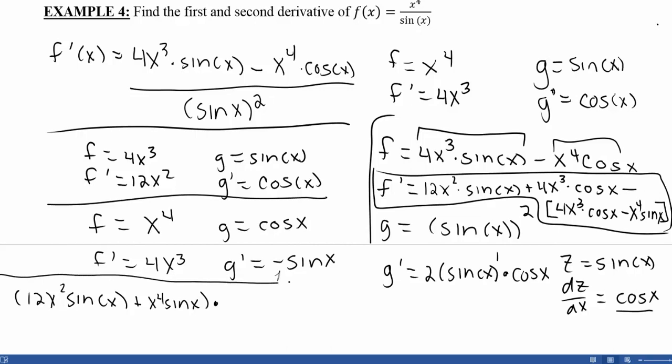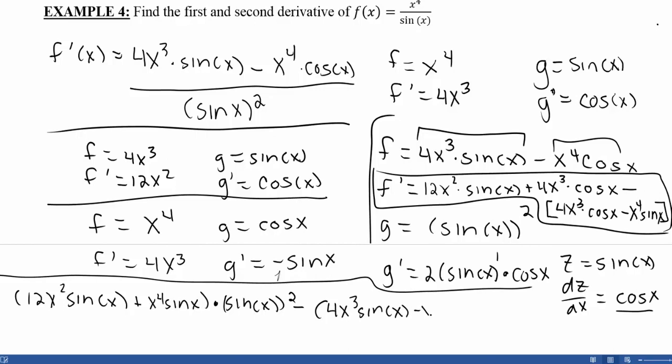times, let me draw a line here, times g, which is sine x squared, minus, now I have to do f times g prime. So I'm going to use parentheses again because there's a whole bunch of terms. So 4x cubed sine x minus x to the 4th cos x. There's my f times g prime.